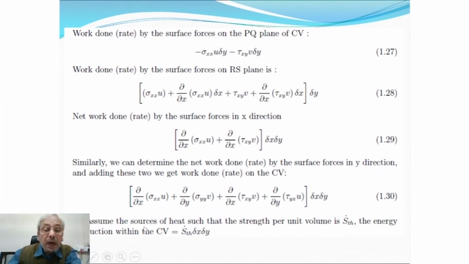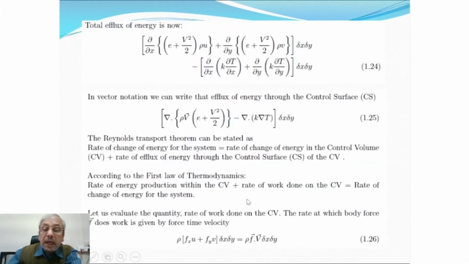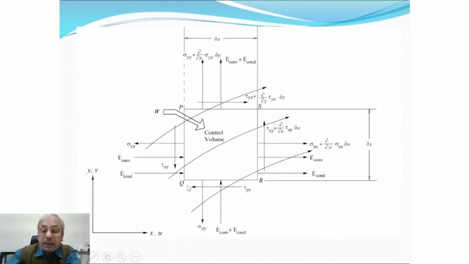We assume the sources of heat. So we have found out the rate of work done on the control volume, and then we have to calculate the rate of energy production.